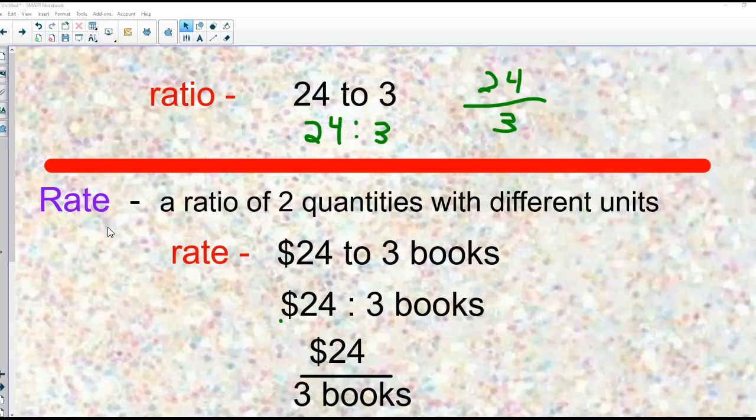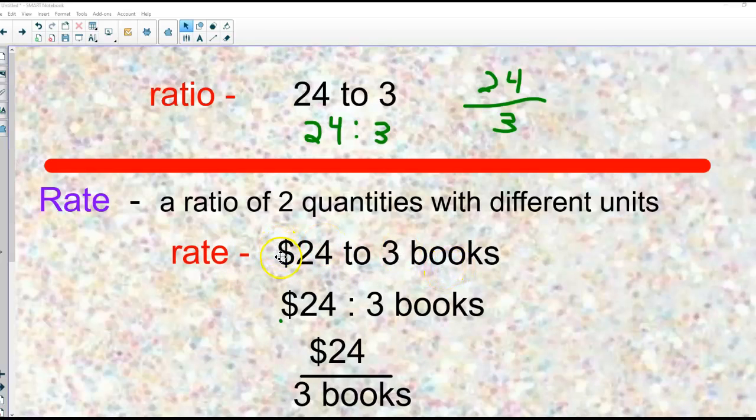So, a ratio is a comparison of two items, and a rate is a comparison. When we have a rate, we have a ratio of two quantities. The difference is we're comparing different units. Okay? In this one, for example, we're comparing $24 for 3 books.